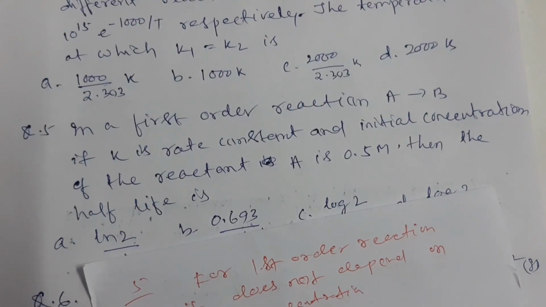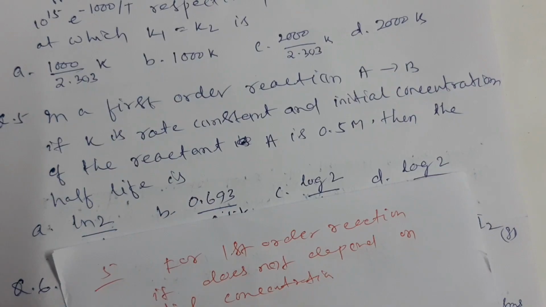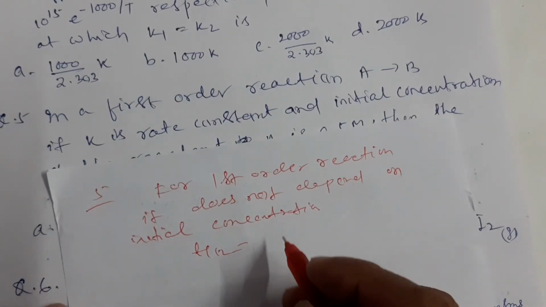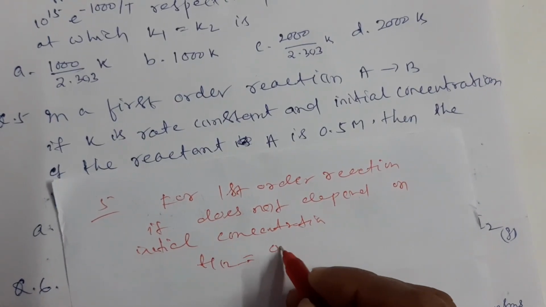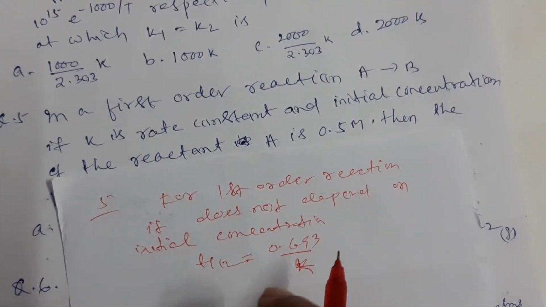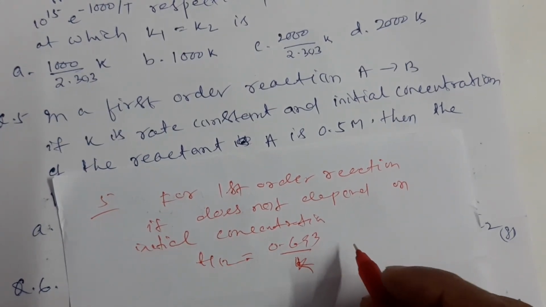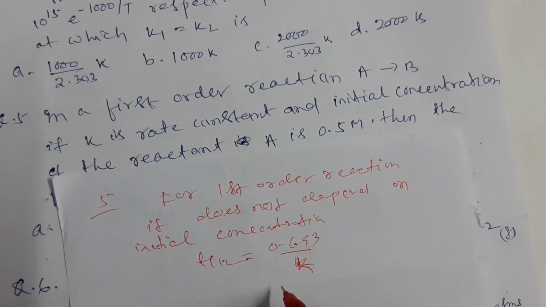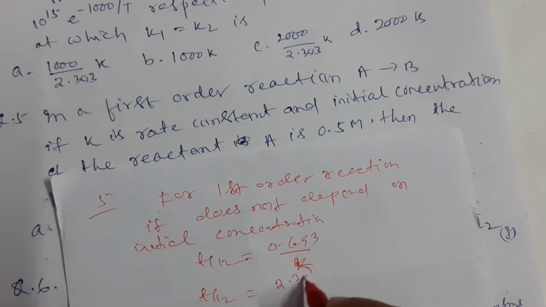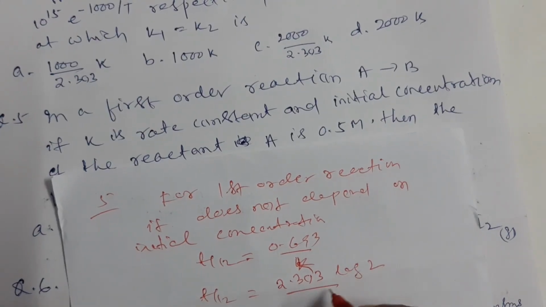So the half-life period T half is equal to 0.693 by K. Or T half is equal to 2.303 log 2 by K. When you multiply 2.303 and log 2, putting in the values, you will get 0.693.